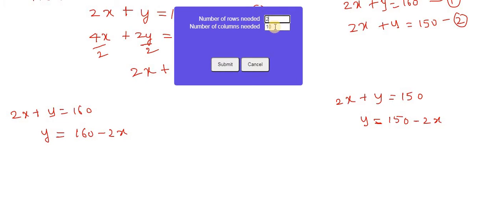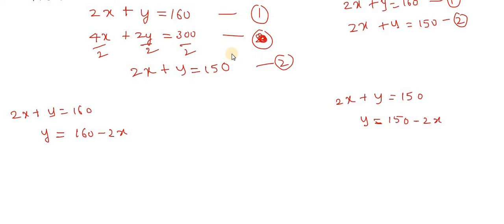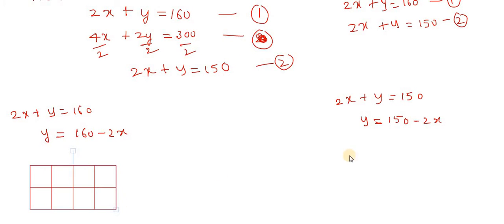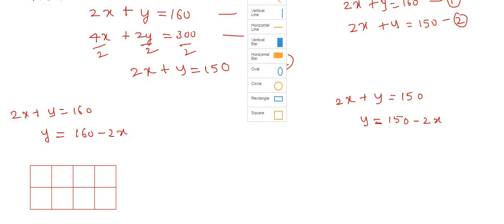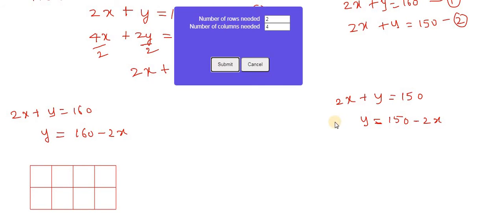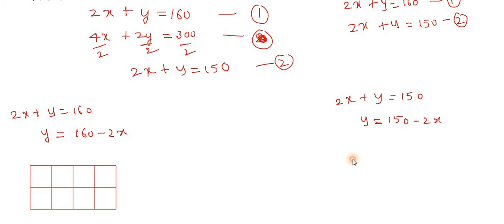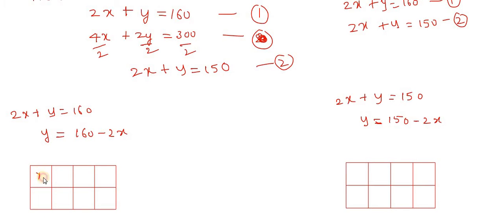You can take a 2 cross 4 table, and here also a 2 cross 4 table, and keep on giving values for x and y.